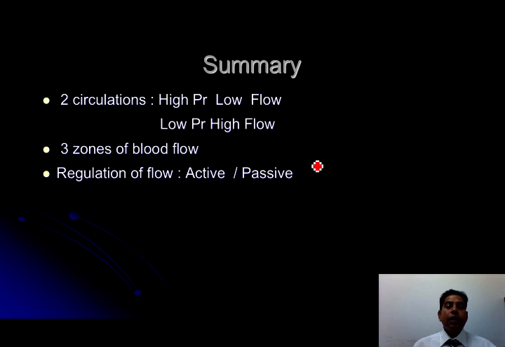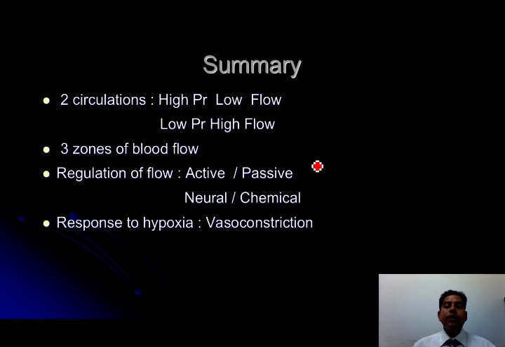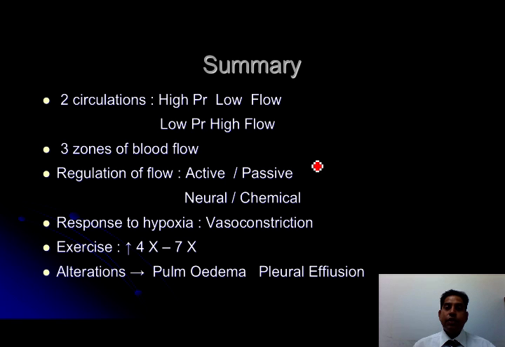Now, regulation can be active or passive. It can be neural, it can be chemical. The response to hypoxia in the pulmonary circuit is a vasoconstriction, whereas in the systemic circulation, it causes a vasodilatation. Exercise can increase the blood flow 4 to 7 times, and it occurs by two mechanisms, either passive factors or active factors.